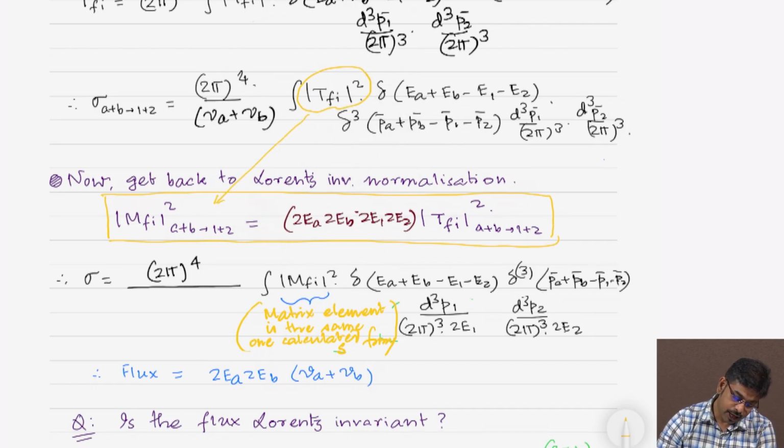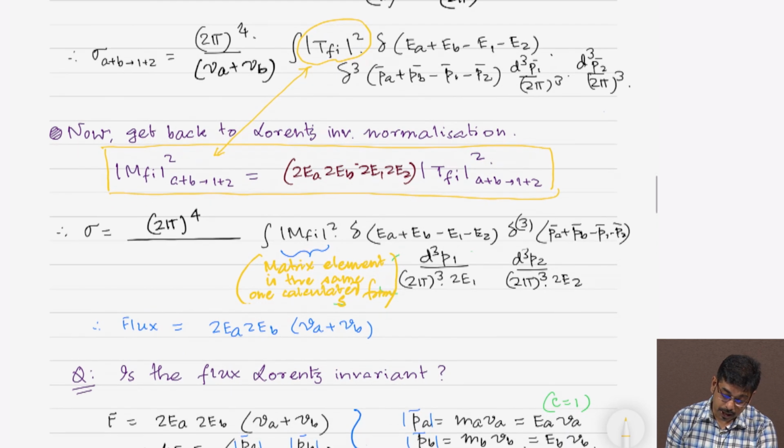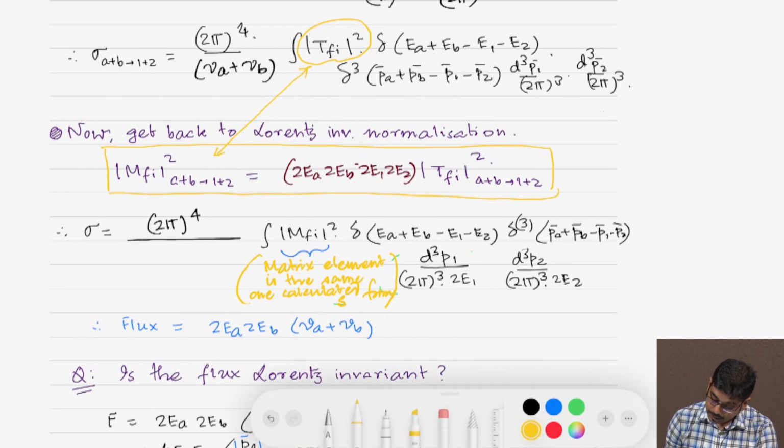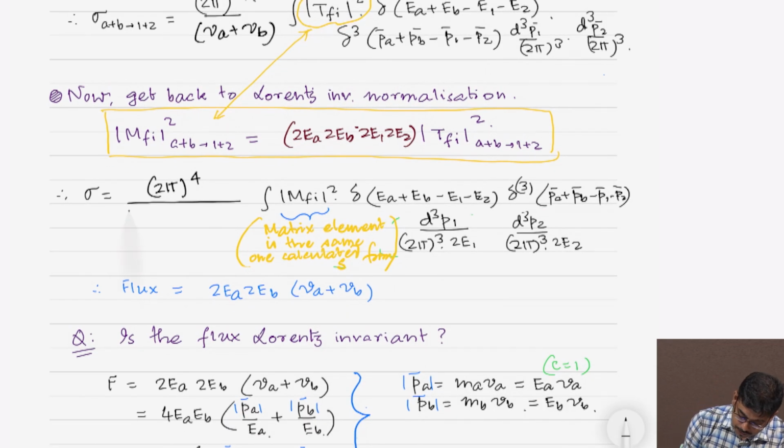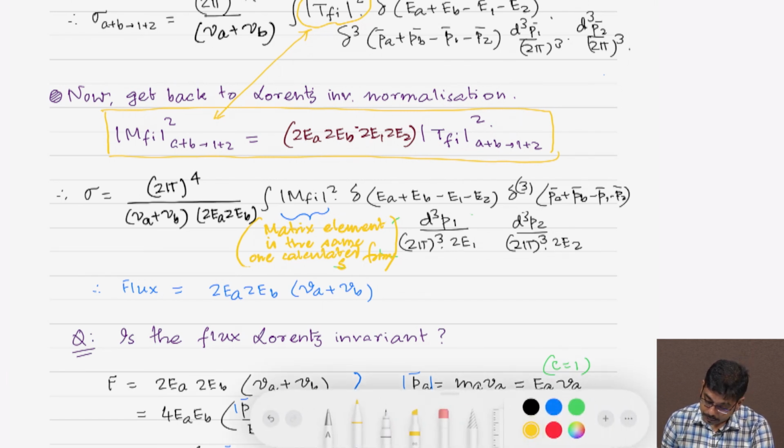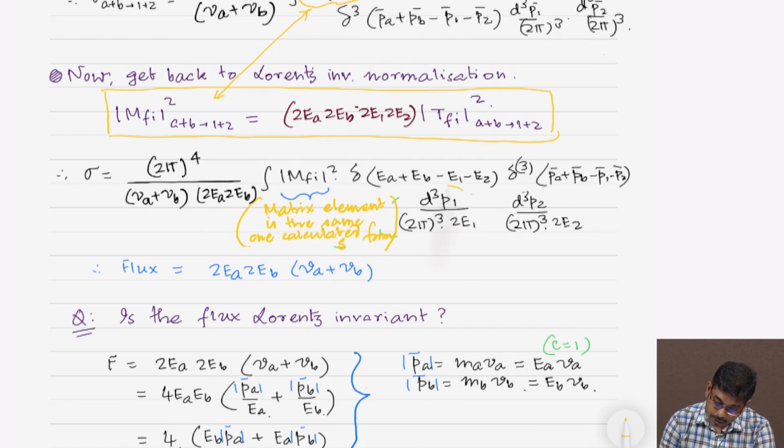Now, therefore, if I want to replace this TFI square in this expression of the cross section with this Lorentz invariant MFI square, how is this expression going to look? I am going to retain the expressions of VA plus VB in the expression of cross section as I had before, and then I will also bring out these factors of 2EA, 2EB, because they are not going to be part of the integration, and then I have replaced this TFI square by MFI square, and I am also going to note that 1 by 2 E1 and 1 by 2 E2 in the phase spaces.